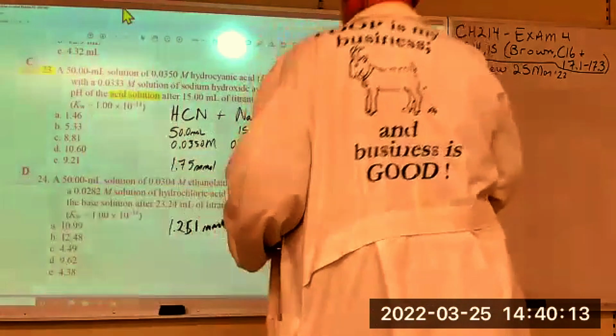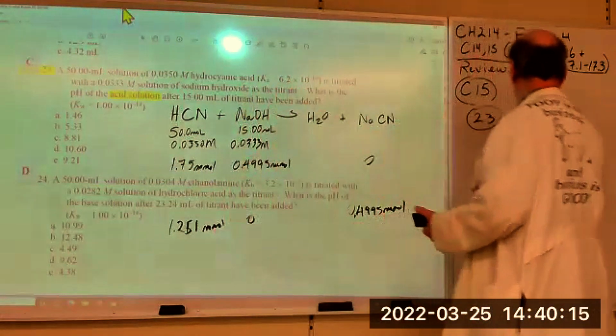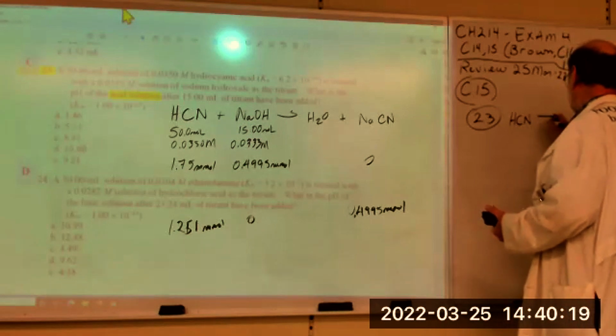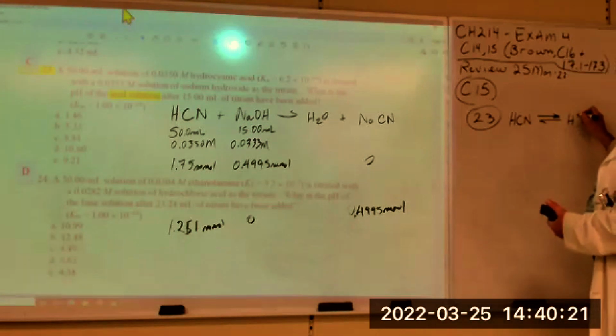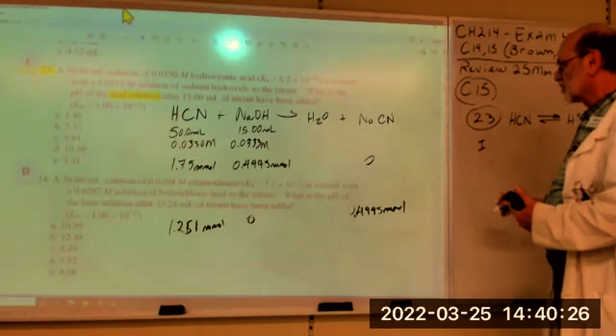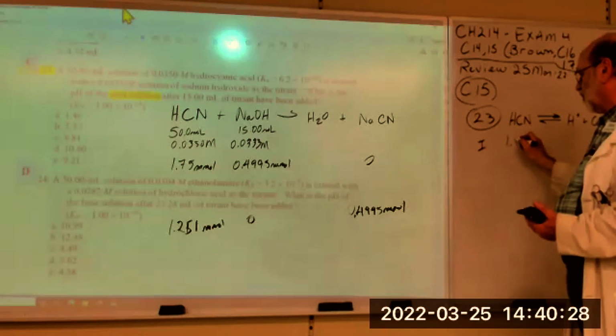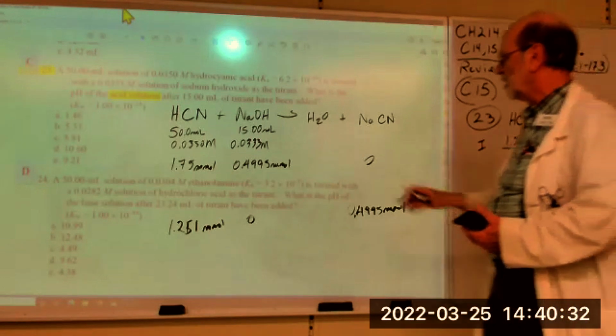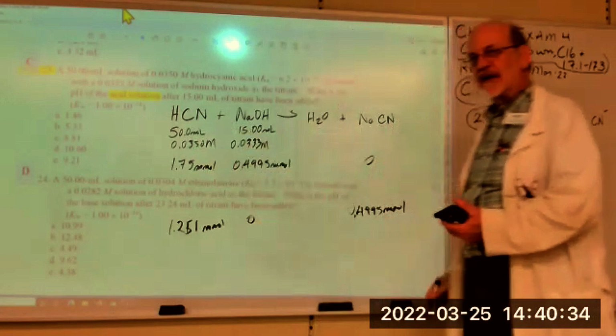Okay, that's our starting point for the reaction of HCN going to H plus and CN minus. So initially, we're starting off now with 1.251 millimoles divided by what's the volume? 65 milliliters, right?